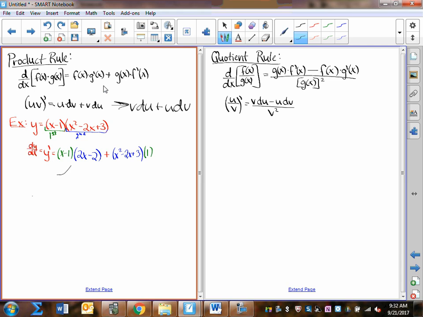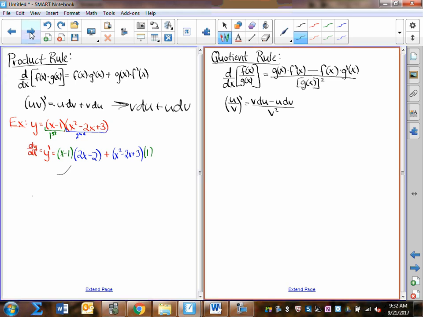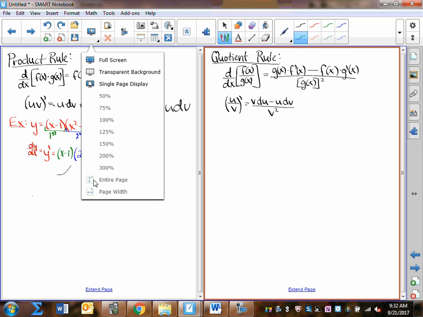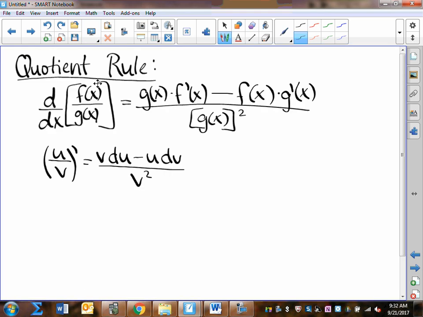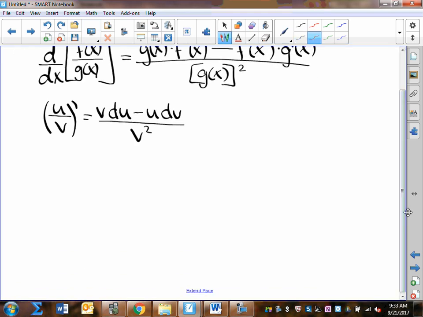All right, let's just go and do a quick one with quotient rule. Let's do y equals 2x to the fourth minus 1 over x squared, and let's find our derivative.